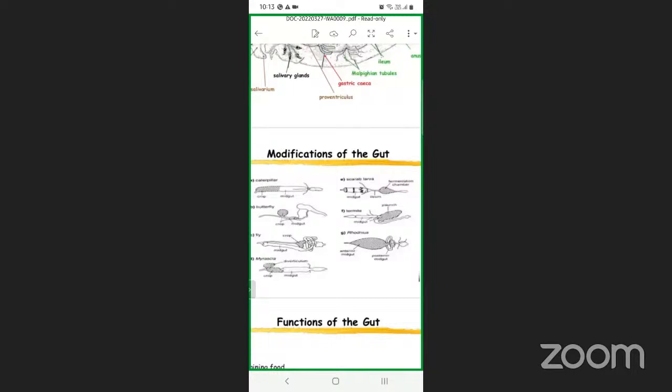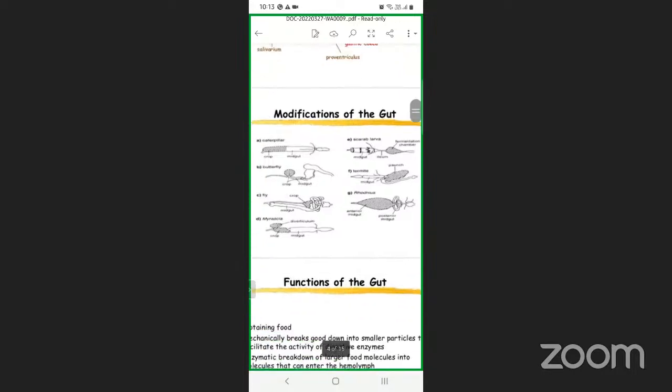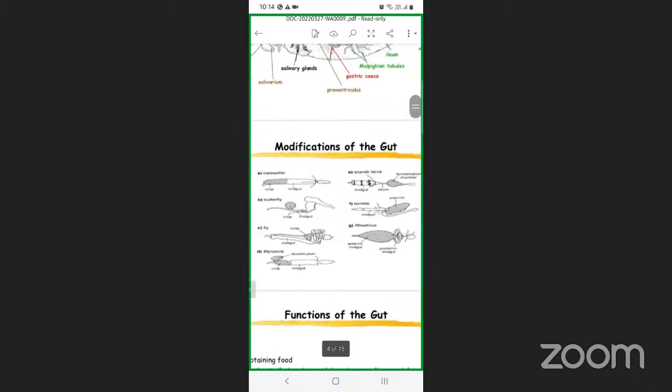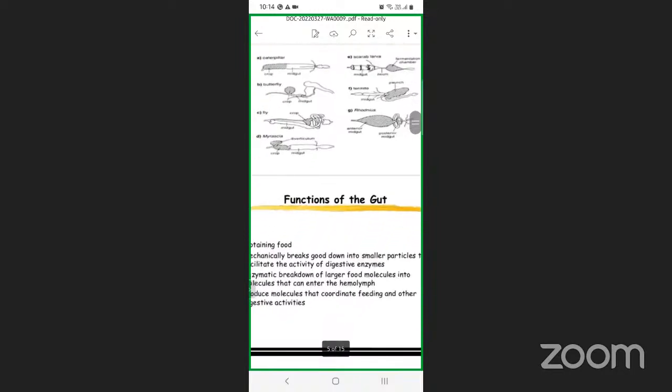The storage of food structure is different. We also gave the example of termites here. So we can observe how the gut is modified in different insects.